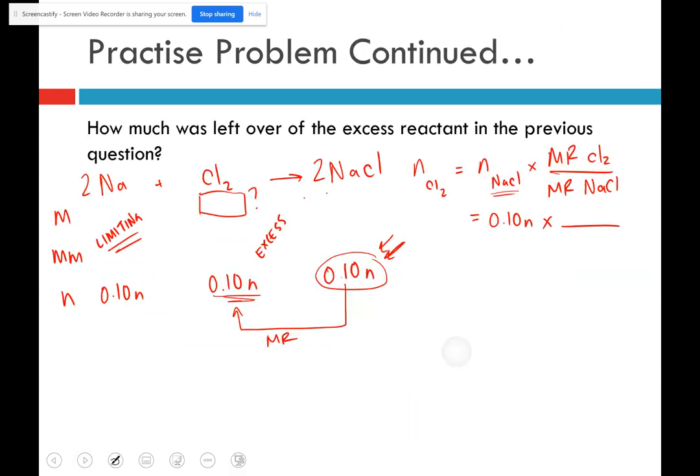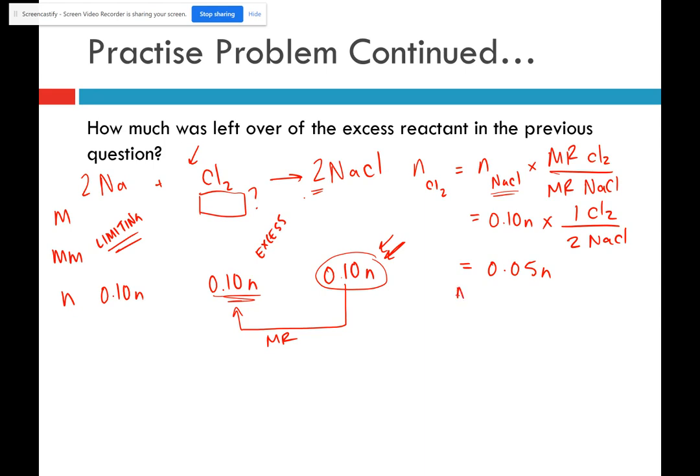Okay, so my mole ratio is 1 chlorine right here for every 2 sodium chloride. Okay, so 0.1 times a half is going to be 0.05 moles.